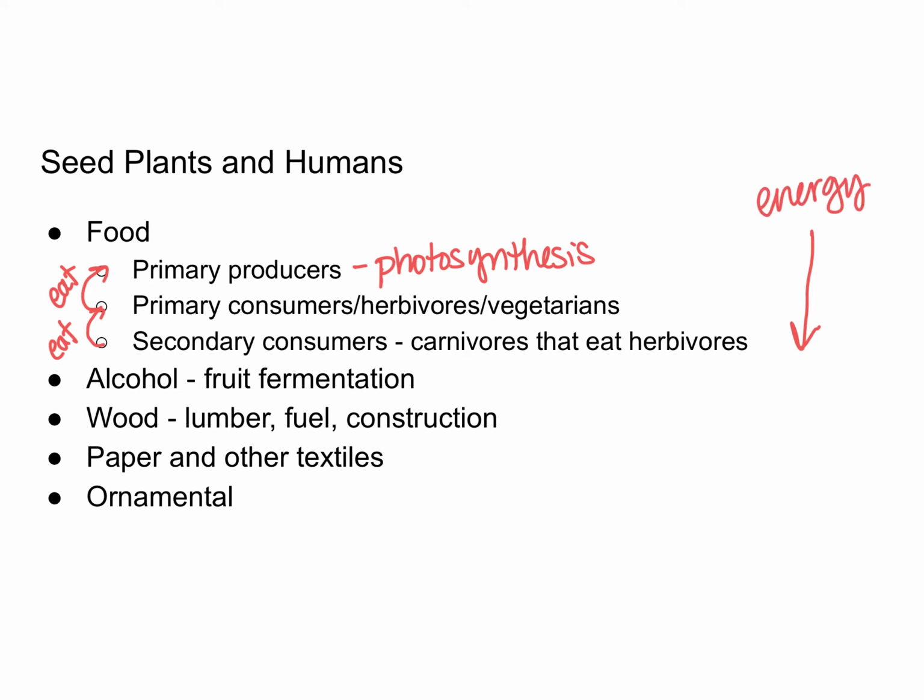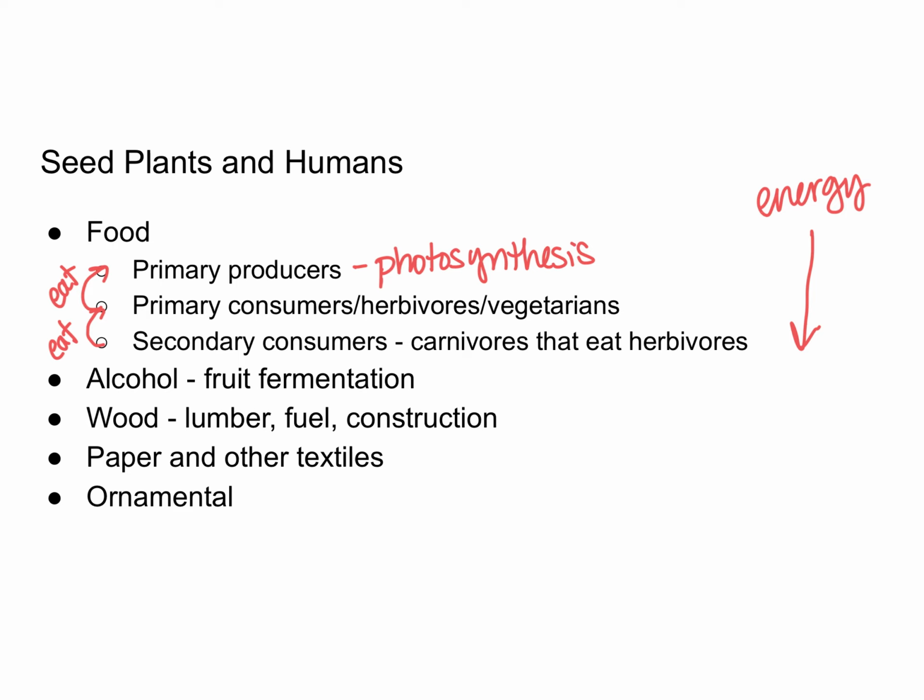So energy is being transferred from the primary producer into the primary consumer and then into the secondary consumer. So even if you have a mostly meat diet, the energy in the meat that you're eating came from the plants that the animal that you're eating was eating.